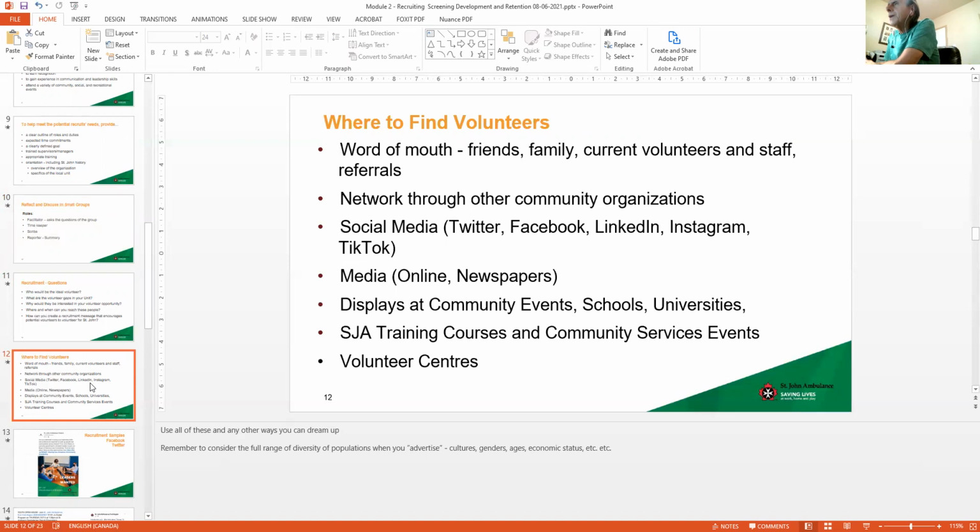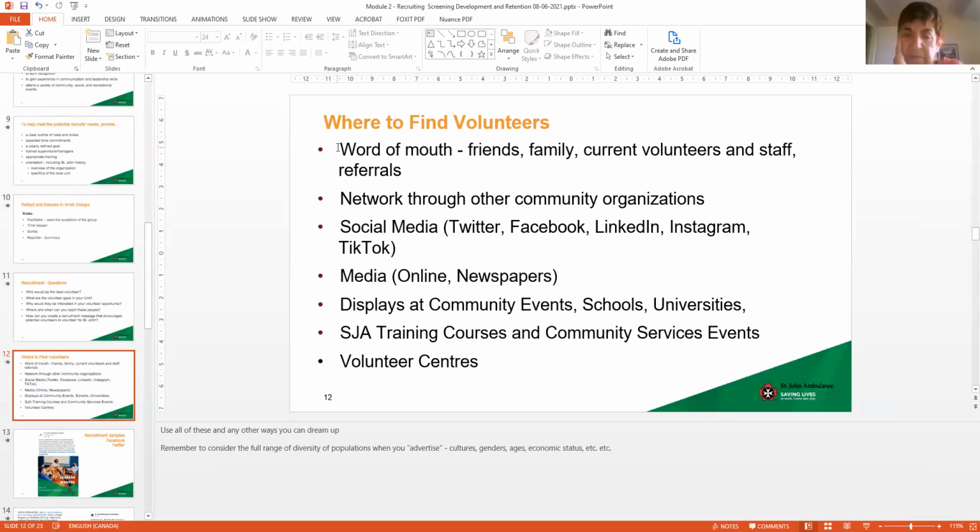Next slide, and this is after the group activity, is where to find volunteers. Again, to keep people involved and interested and active, my thought here, do you want to present each point here, or do we want to ask them as a group to provide answers?